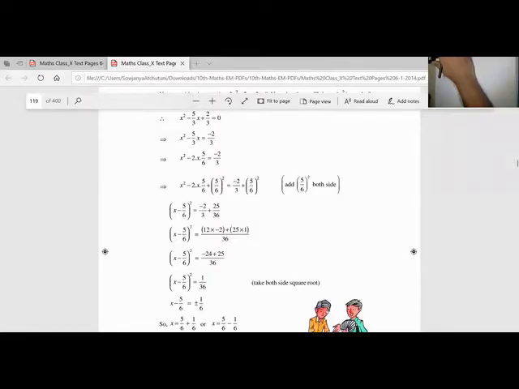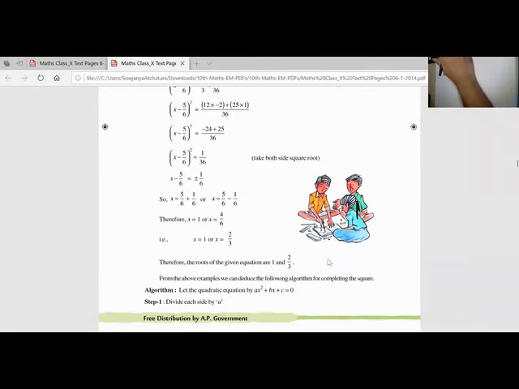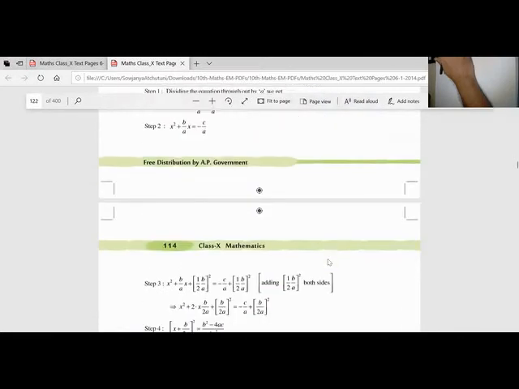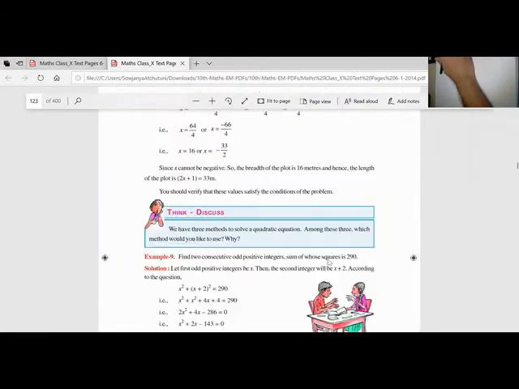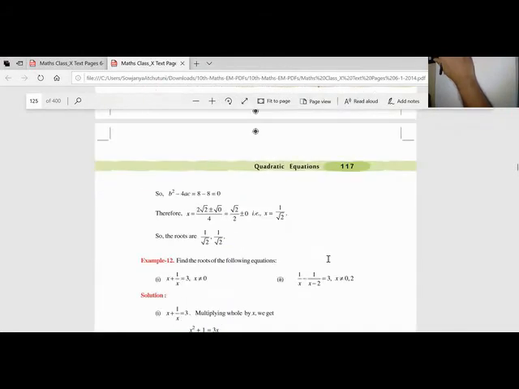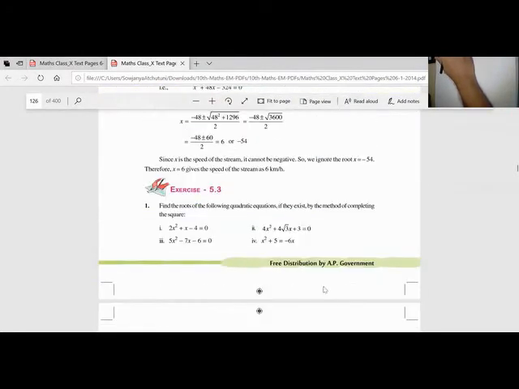So now we will do textbook problems. This you can review on your own because it is all given in the text examples. I will do the exercise. It says 3.3: find the roots of the quadratic equation by the method of completing the square.